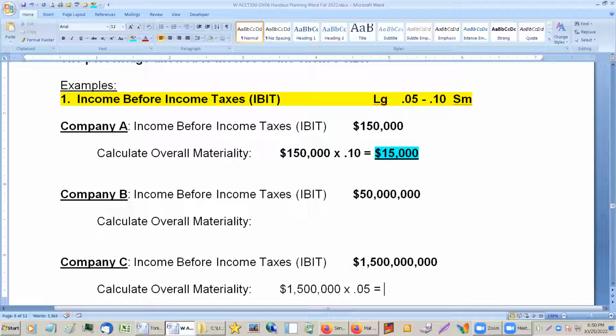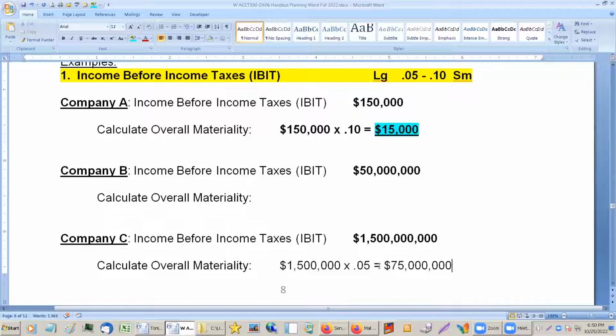Yeah, 75 million. Oops, wait a minute. Yeah, no, that's right. I get what you're saying. Now I understand. You're right. I was missing those. That's why it kept looking funny.